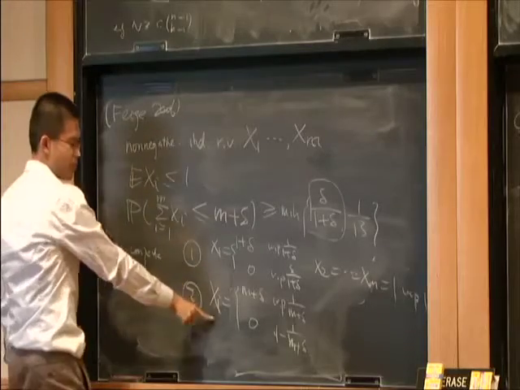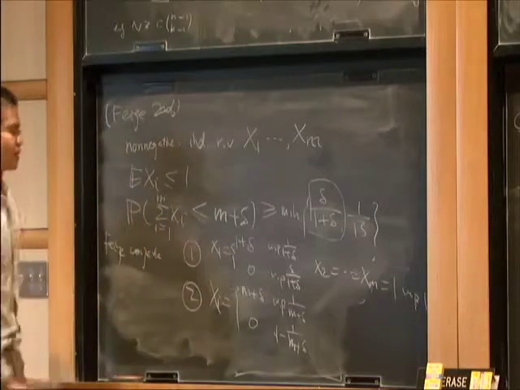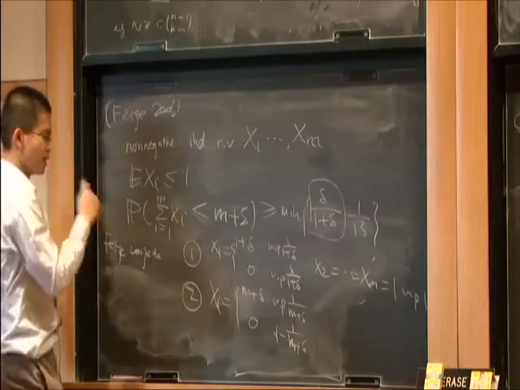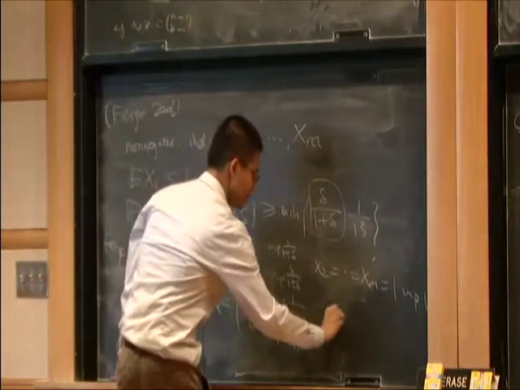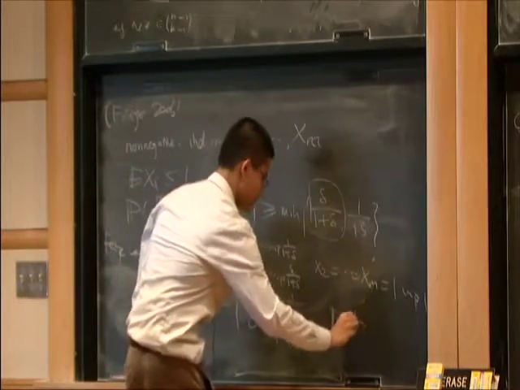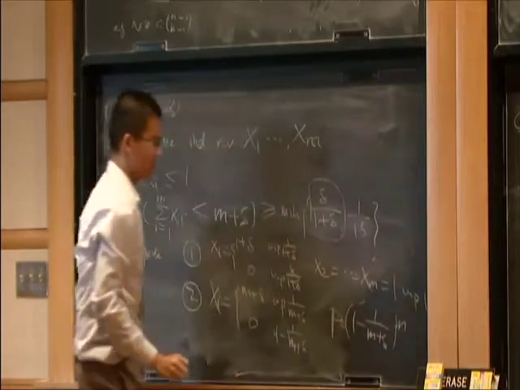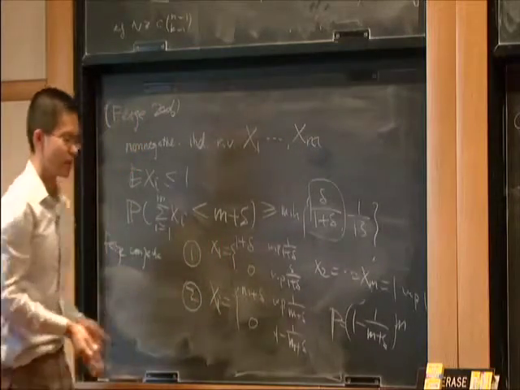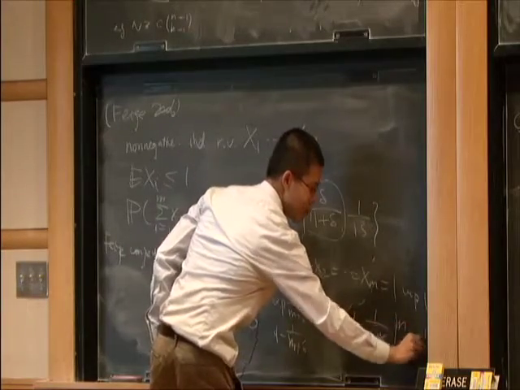Now, in order for the sum to be less than m plus delta, we need everything to be 0. So the probability here is equal to 1 minus 1 over m plus delta, to the power of m. And as you can see, when m is really large, this number doesn't really depend on delta. It goes to something like 1 over e.